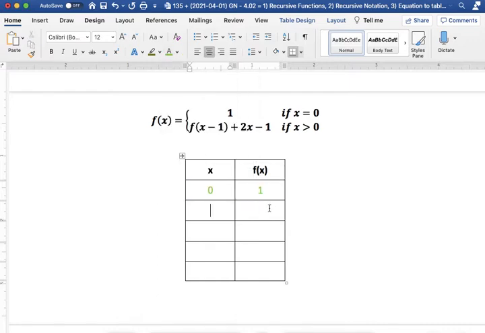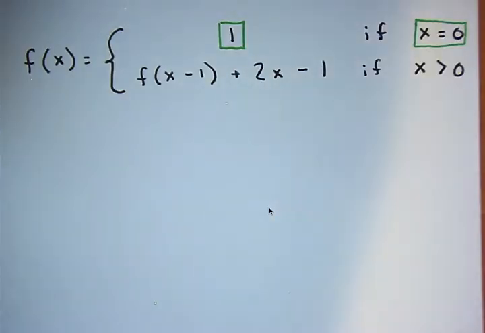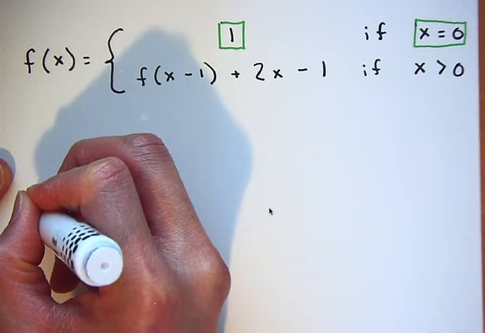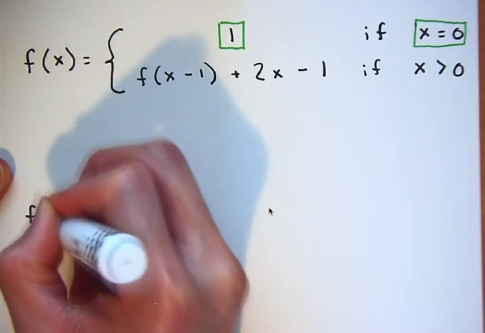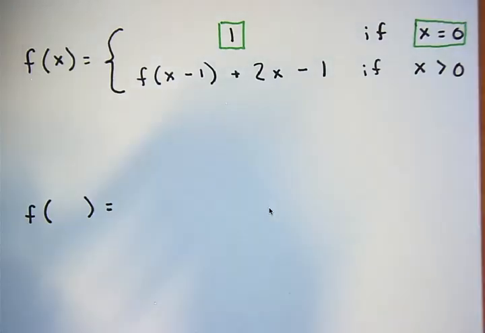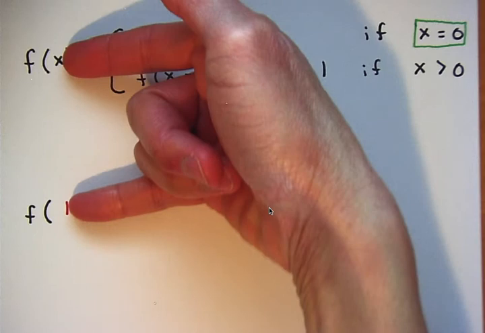Okay, well, obviously the next x is going to be x equals 1. So let's find out when x equals 1, what is my y? What is my f of x? We're right now looking for f of 1. So this is when x equals 1.